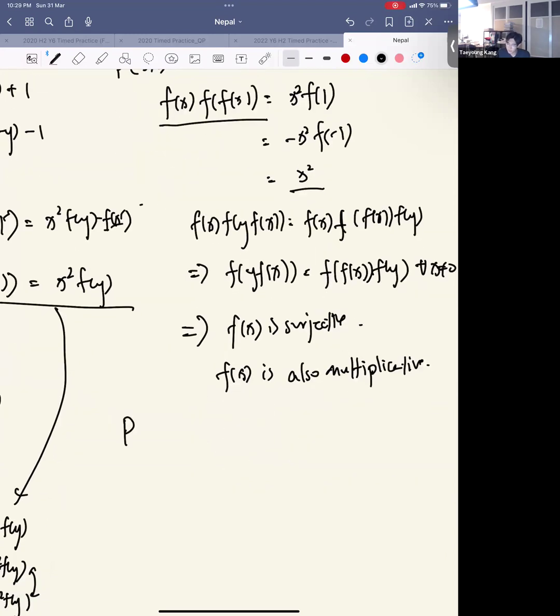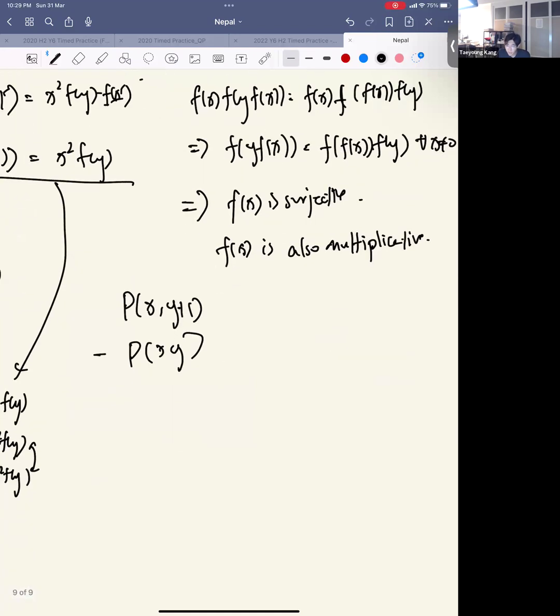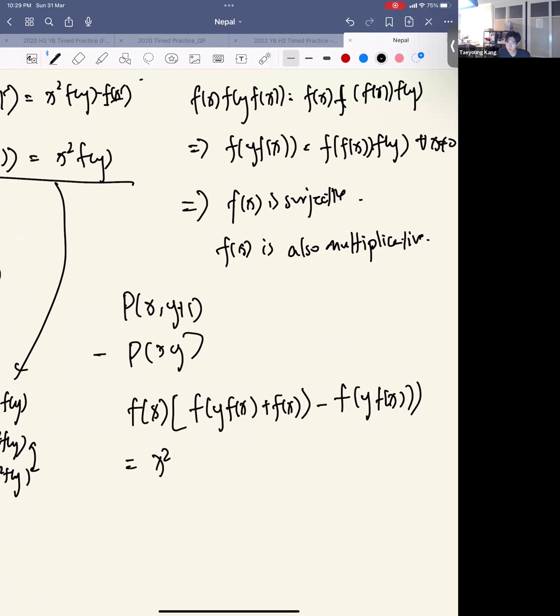So now we substitute P(x, y + 1) and we subtract it from P(x, y), and it'll give us that f(x) multiplied by f(y f(x)) plus f(x) minus f(y f(x)) is equal to x squared, which is equal to f(x) times f(f(x)).